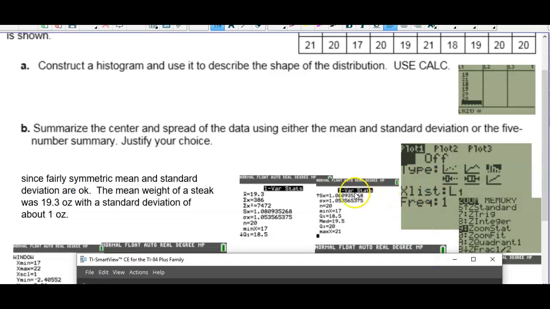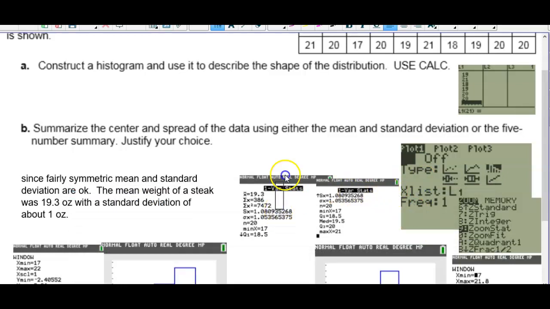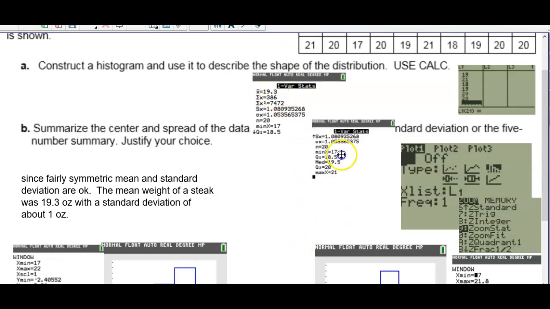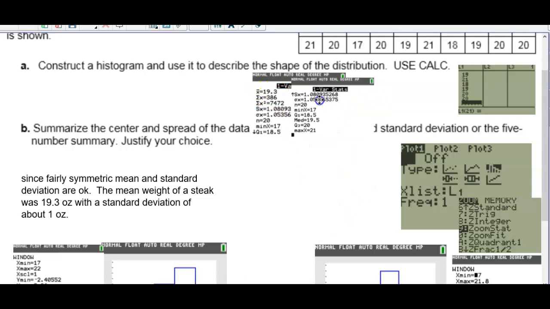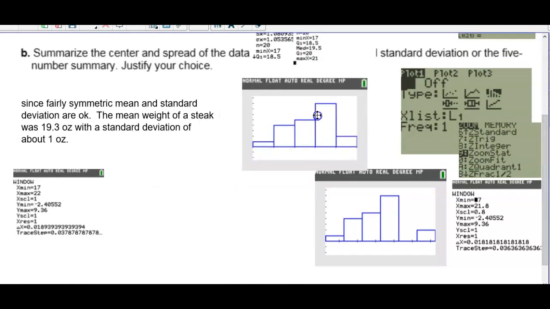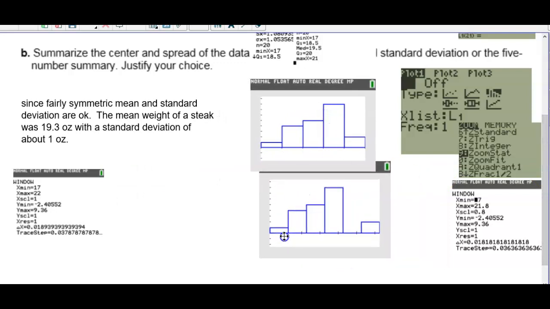The other thing I did to check that is I went and did the 1 variable stats, and the mean was 19.3, and when I scrolled down, the median was 19.5. So I decided those were close enough together for there to not be any significant skew one way or the other.